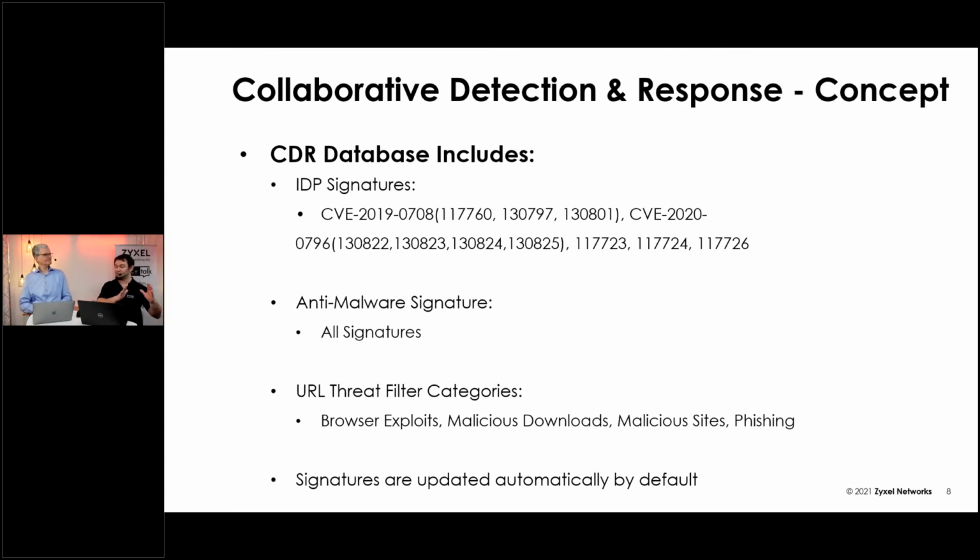The first mention, CVE 2019-0708, for example, is a remote desktop exploit, and that is something which is happening from the client. So you're being infected and then somebody uses this exploit to captivate your network. That is what we have to take into consideration on IDP or IPS signatures. So don't wonder that this is a very limited number of IPS signatures.